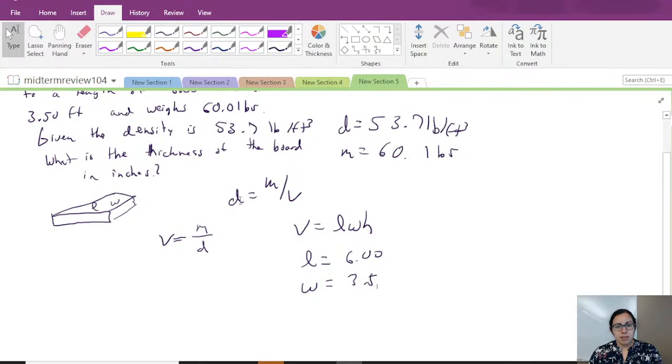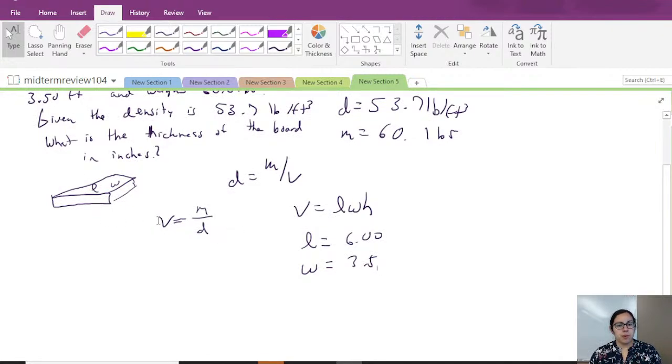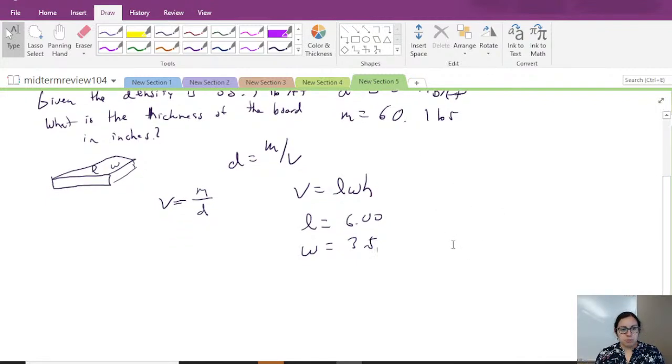So we said density is mass over volume, or volume is mass over density. Either way, that doesn't matter. Let's start plugging these values in. I'll probably use this form. So now we have 6 times 3.5 times our unknown, our height.